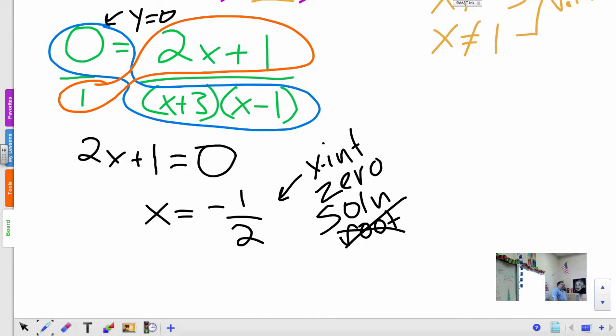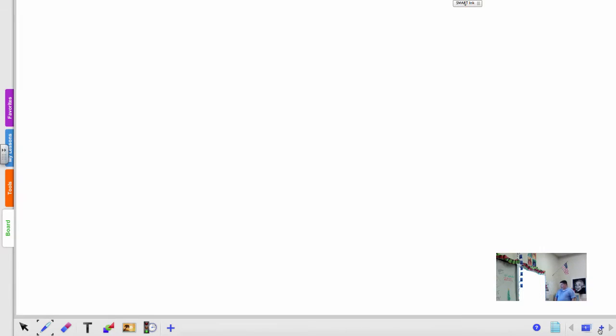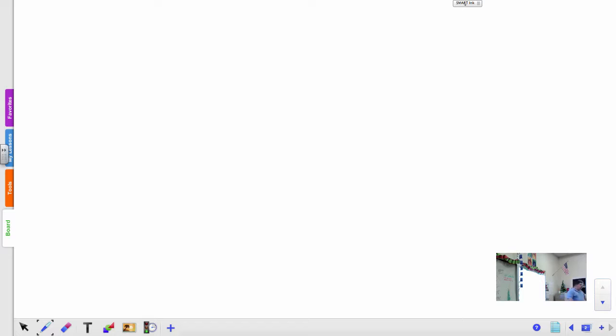Okay? Now, the chart that they want us to do is we were asked to find the following things. We were asked to find A, when was this thing equal to 0? B, when was this function undefined?